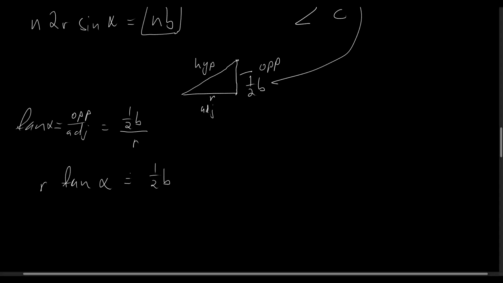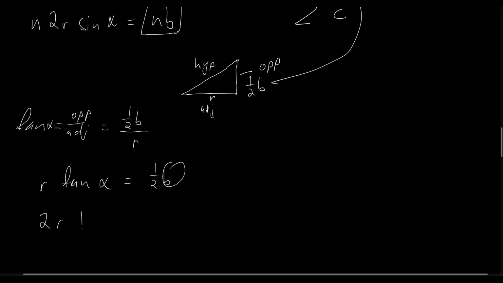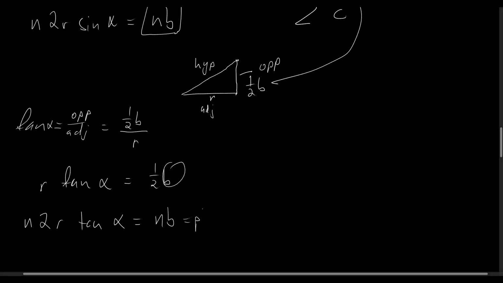And again, we times this by 2 to get the base of the side, or the side of the polygon, and we end up with 2r tan alpha. And of course, to get the total perimeter, we times that by n. So n times 2r tan alpha is equal to nb, which is equal to the perimeter.